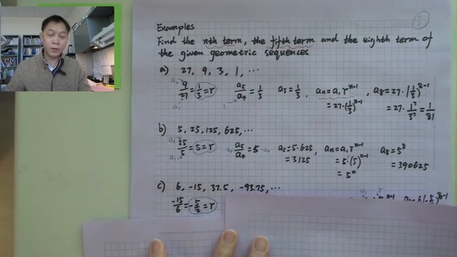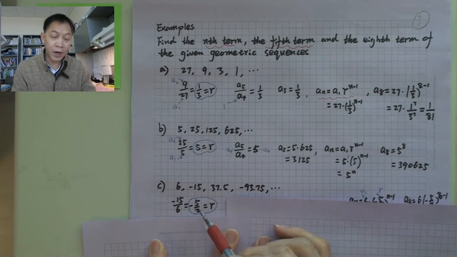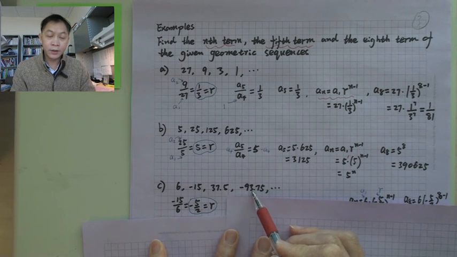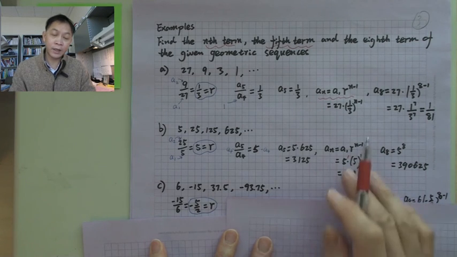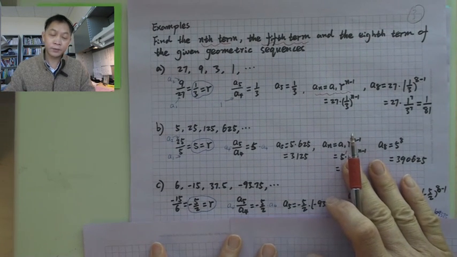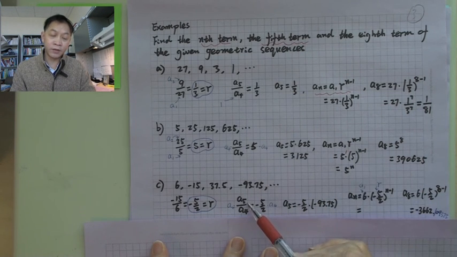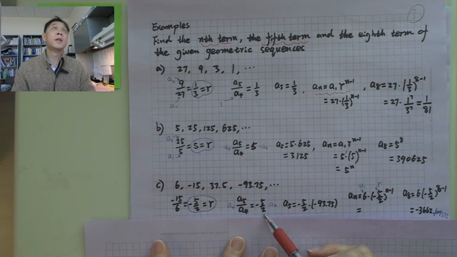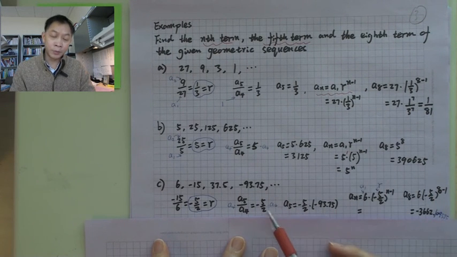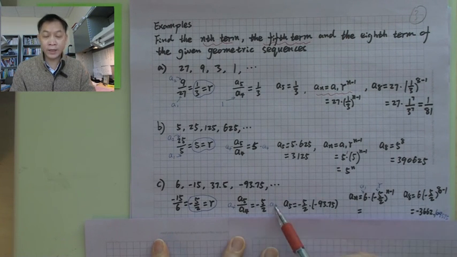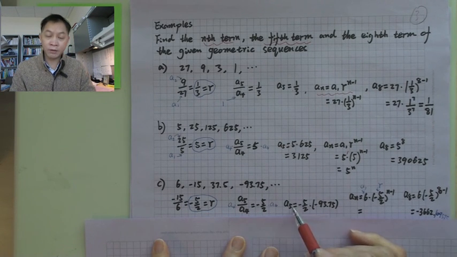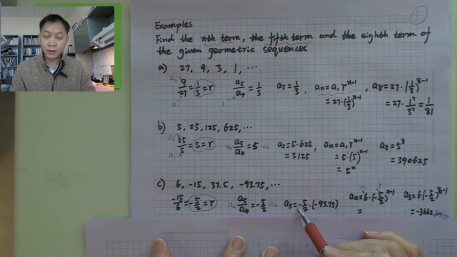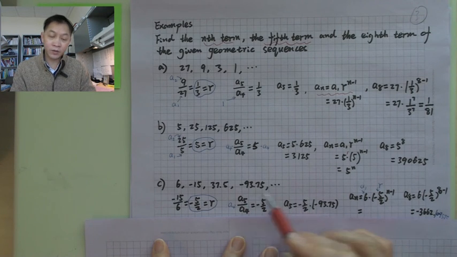Okay. So we have R. Now you can use R times negative 93.75. Negative times negative, you get a positive. So you can do it in that way. Or you can do it as A5 over A4 is negative 5 over 2, both sides times A sub 4 again. Cancel A sub 4. So you have A5 on the left, and then negative 5 over 2 times A4.